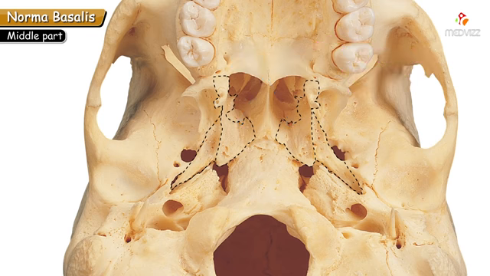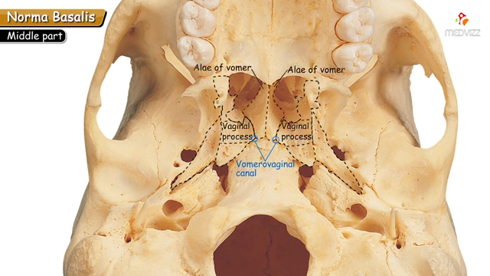Let's talk about the next foramen, that is the vomerovaginal canal, which is also a tiny foramen, lies a little posterior to the pharyngeal canal, and as the name says, it is between the vomer and the vaginal process of medial pterygoid plate. We know already the vomer, where it articulates with the sphenoid, it makes an ala.